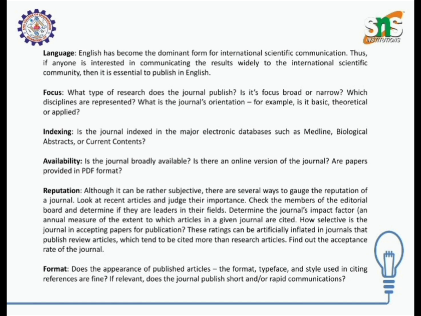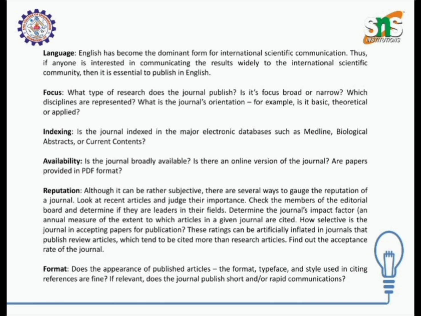Next is reputation. Although it can be rather subjective, there are several ways to gauge the reputation of a journal. Ask colleagues which journals they respect. Look at recent articles and judge their importance. Check the members of the editorial board and determine if they are leaders in their fields. Determine the journal's impact factor.